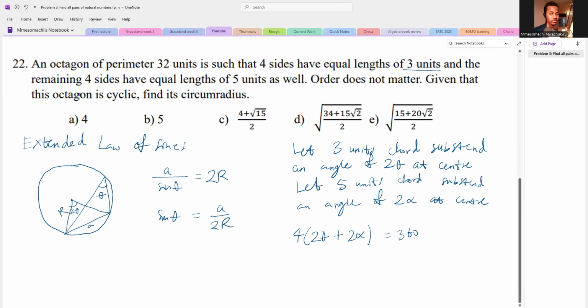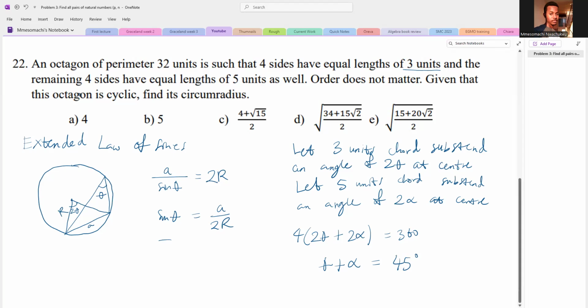What does this give us? Theta plus alpha is equal to 45 degrees, because 360 divided by 4 is 90 degrees, then we divide again by 2 to get 45 degrees. So now we have that the angle subtended by the 3-unit chord and the angle subtended by the 5-unit chord sum up to 45 degrees.